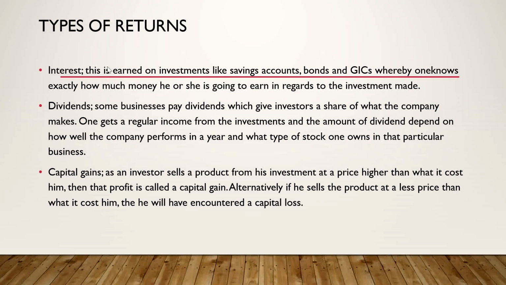We also have dividends, where some businesses pay dividends which give investors a share of what the company makes. And of course capital gains, where investors sell a product from their investment at a price higher than what it cost.